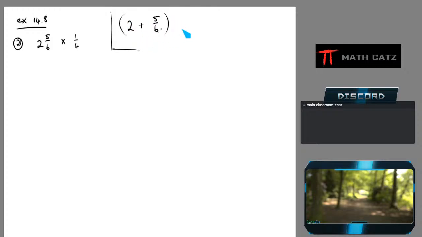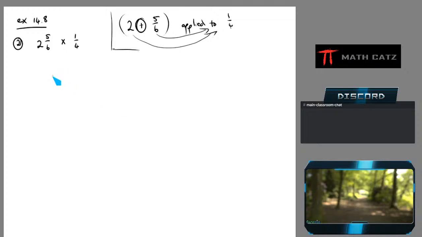Let's say it like this, applied to what we have. So that means I need to apply the 2, and then I need to apply the little fraction portion, and then put them together again with my intuitive addition.